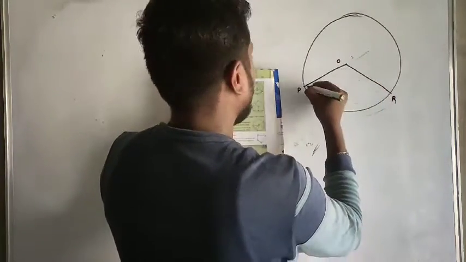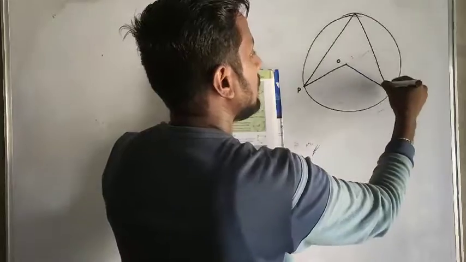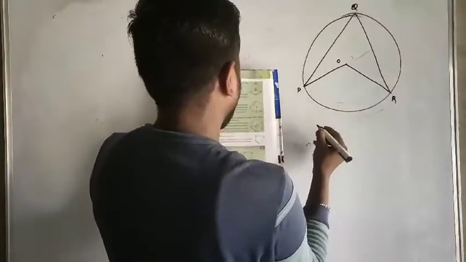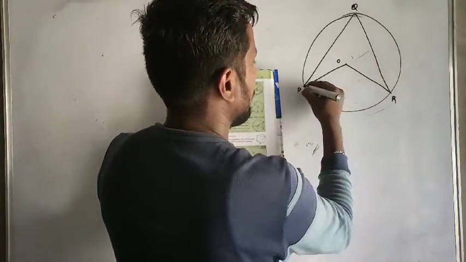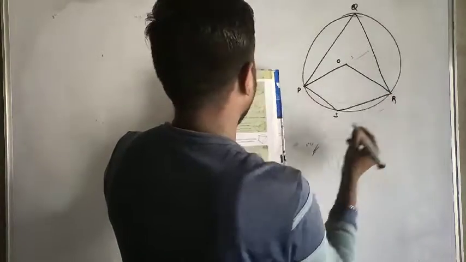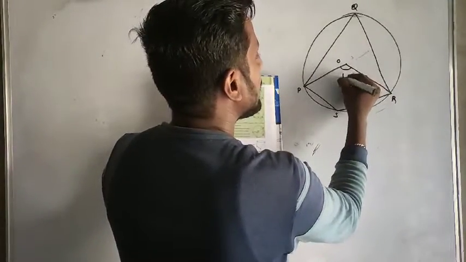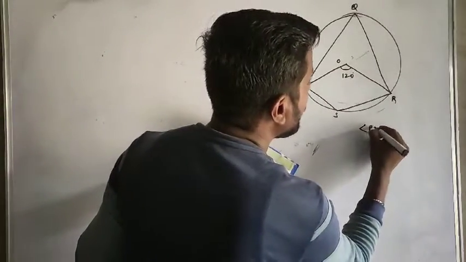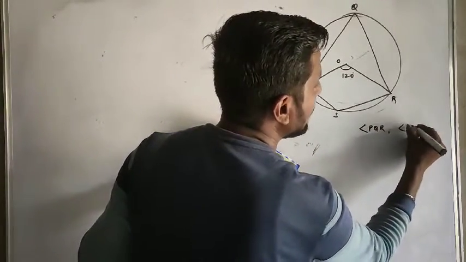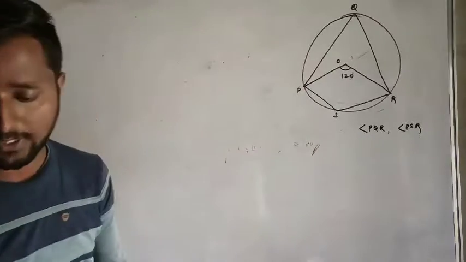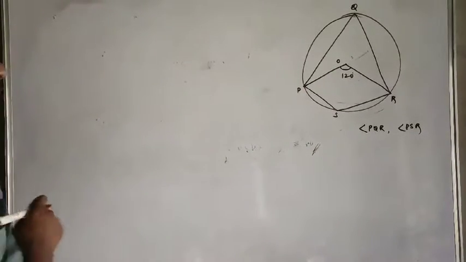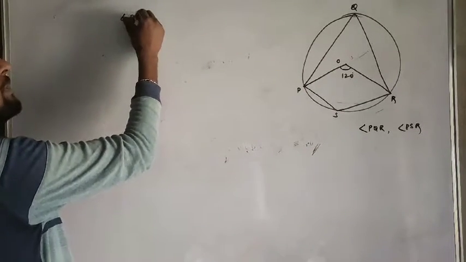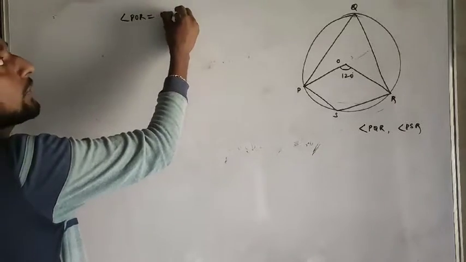Q is another point on the circle, and S is here. At the center it's making a 120 degree angle. Then find angle PQR and also angle PSR. So the given information is angle POR is equal to 120 degrees.